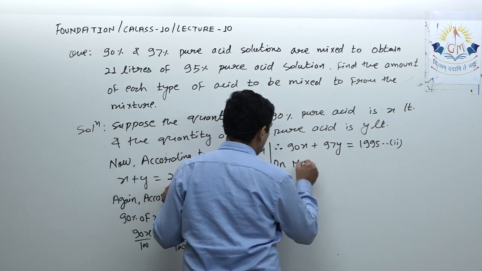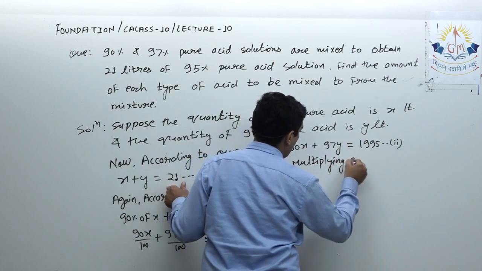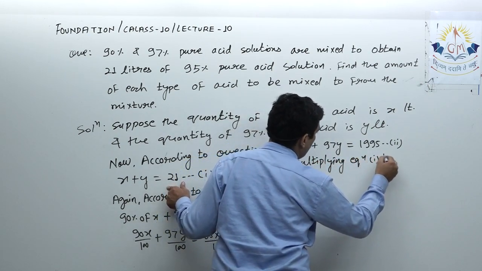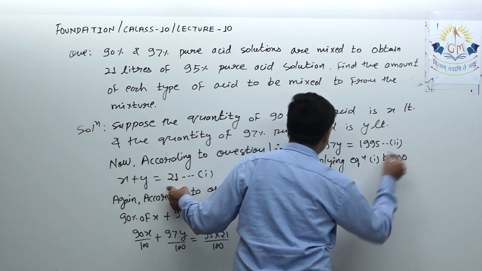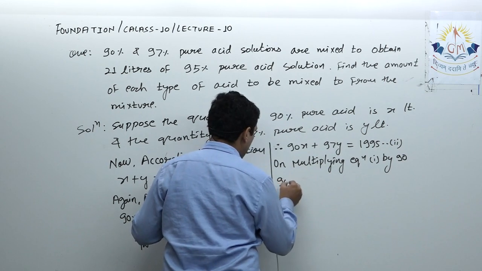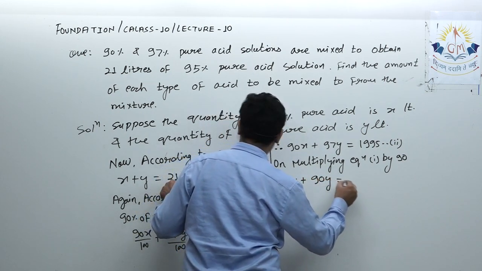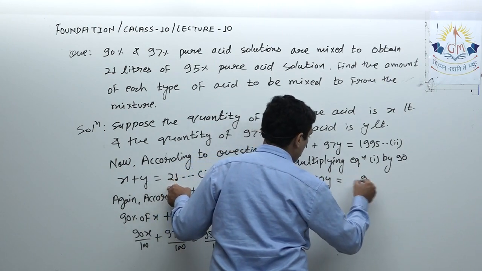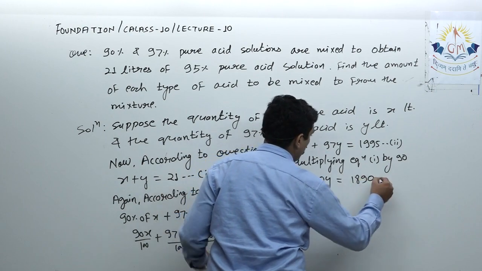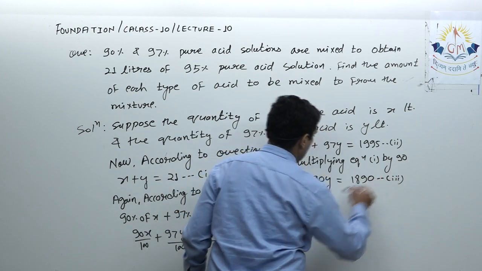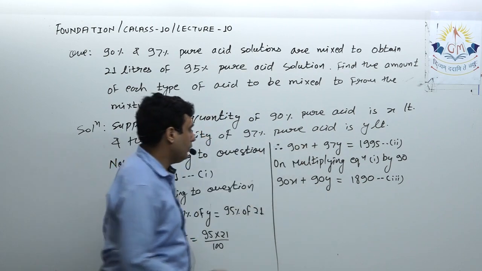On multiplying equation 1 by 90, 90x plus 90y is equal to 1890. That is equation number 3. Now I will subtract equation 3 from equation 2.